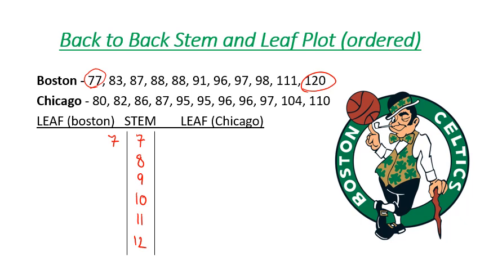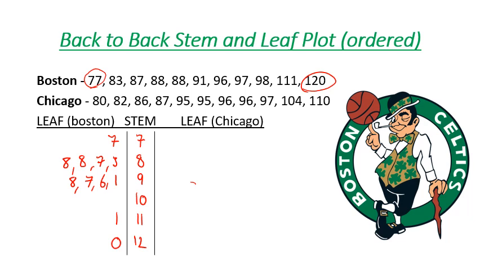I'll do Boston's first. 83, 87, 88. We've got two 88s. 91, I'll move that one up a little more so we can get it close to the 9. So 91, 96, 97, 98. And then we've got 111 and 120.